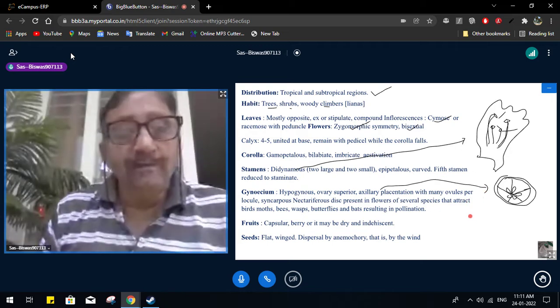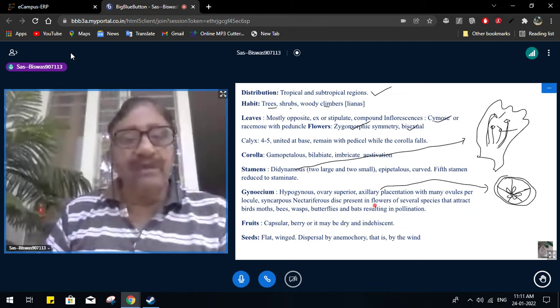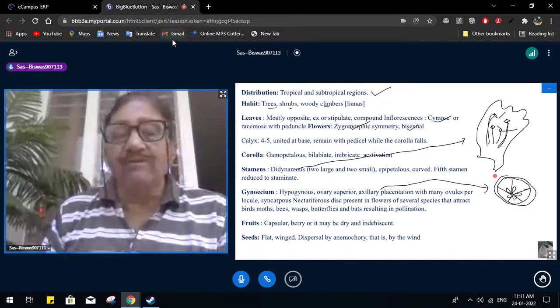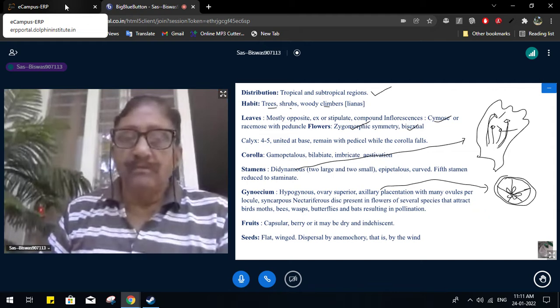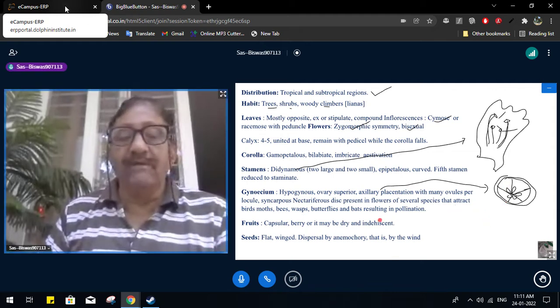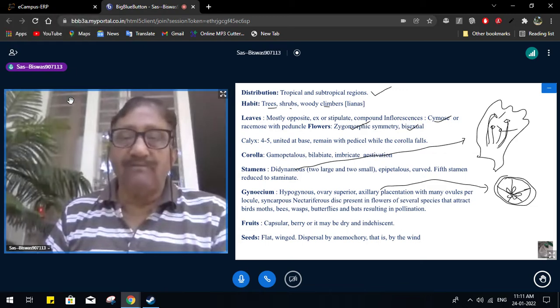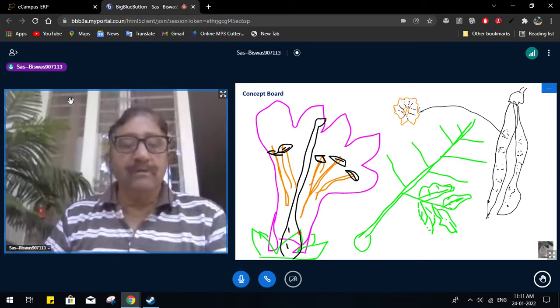And then the most interesting thing that I must tell you is that these flowers have, at the base, a nectiferous gland. So if we see a flower, let me go to here.